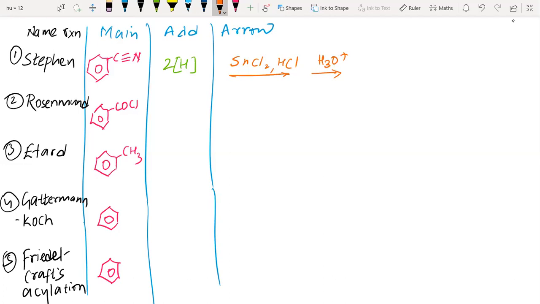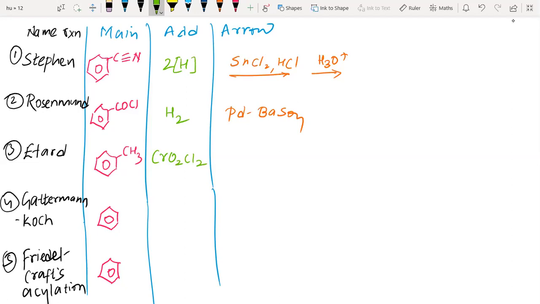For Rosenmund, we write hydrogen, and on the arrow we have Pd, palladium and barium sulfate. For the Etard reaction, what we add is chromyl chloride, CrO2Cl2.